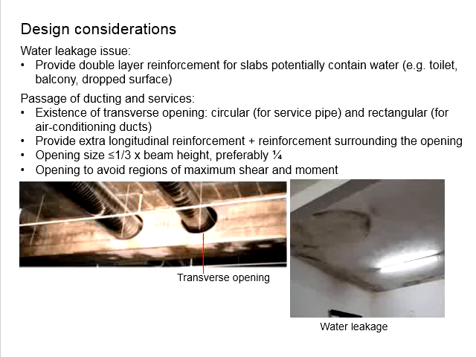Then for this kind of member, you need additional longitudinal reinforcement bars, and you need to provide reinforcement surrounding the opening in order to strengthen it, both for circular and rectangular sections.